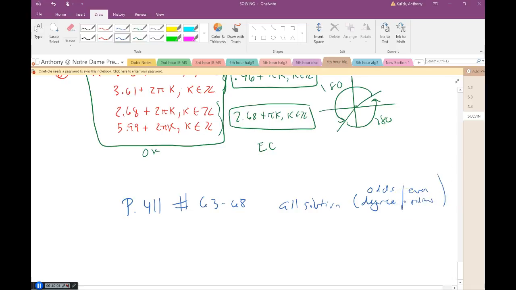No, the problem only asks you for all solutions. I'm just saying when you write all solutions for the odd problems, do it as degrees, so like plus 360k. And for the evens, write them as radians plus 2 pi k. So all I'm asking is that you do a little bit of both, or use degrees and use radians. Does that make sense, what I'm asking for?